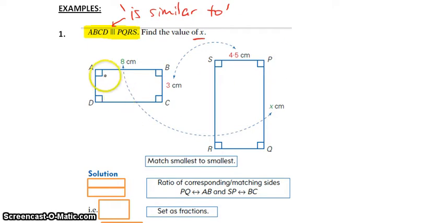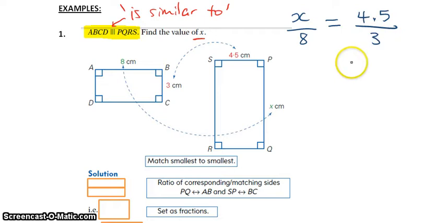Here we go. Now I can see that this big side here, PQ or x, matches with this side AB here. So I'm going to go x over 8 is going to be in the same ratio as 4.5 over 3. And I want to get x, so I'm going to times both sides by 8.